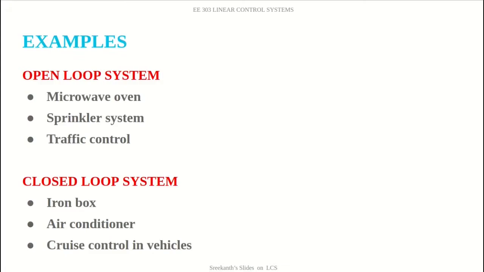We know that when we set a time in the microwave oven, whether the food gets cooked or not, which is the desired output, the timer will go off and the microwave oven will turn off. So the output, which is the desired point to which the food has to be cooked, has no influence on the input, which is the time for which the microwave oven is on. Hence this becomes an open loop system.